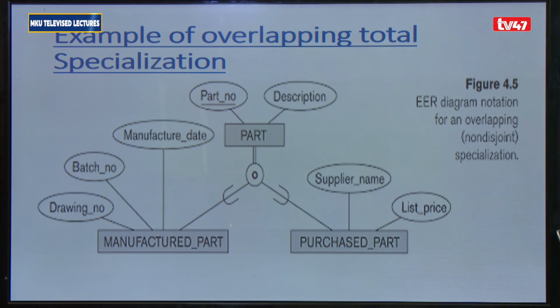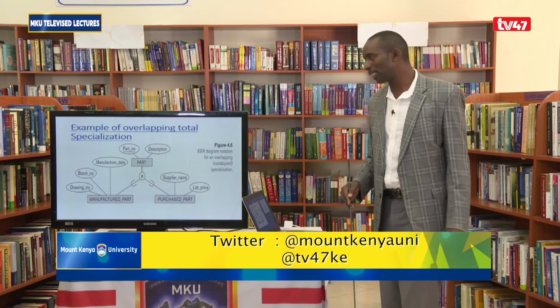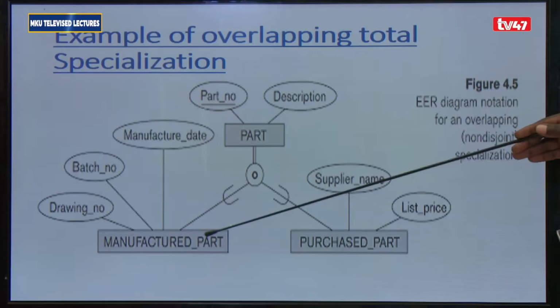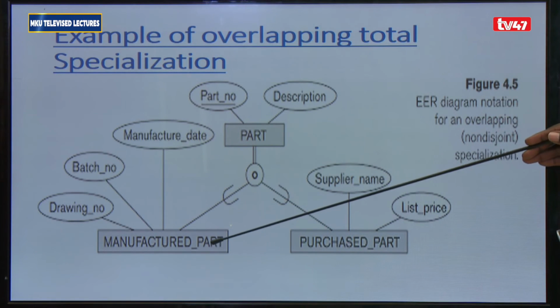Let me now bring in the concept of the O, because you would wonder what makes this different from the one that we had in the disjoint mandatory. What makes this different is the fact that a part can be both manufactured and purchased.